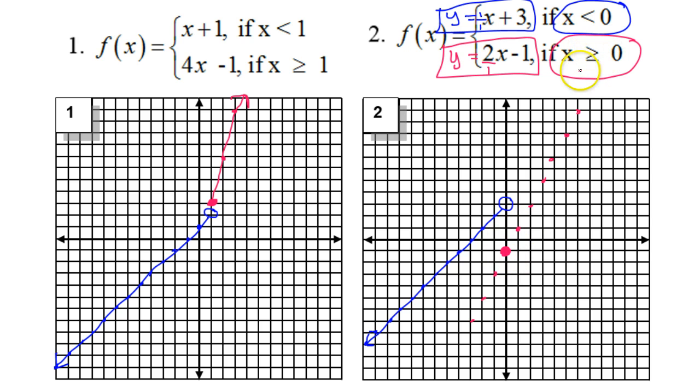Now, the greater than part means I'm going to draw the right-hand side of this line. Okay, because that's where the x values are greater than 0. Then I'm just going to erase any extra points that I don't need. So that's it. That's what number 2 would look like.